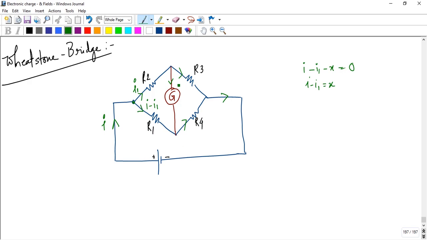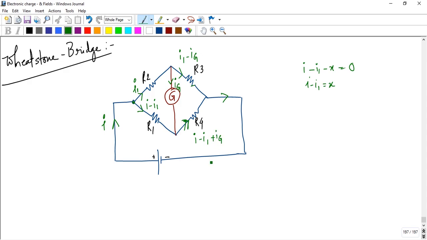There is a galvanometer current, suppose called IG. So I1 enters and IG leaves, so the current through the R3 resistor is I1 minus IG. Similarly, the current through the R4 resistor: I minus I1 enters, and IG also enters, so I minus I1 plus IG.